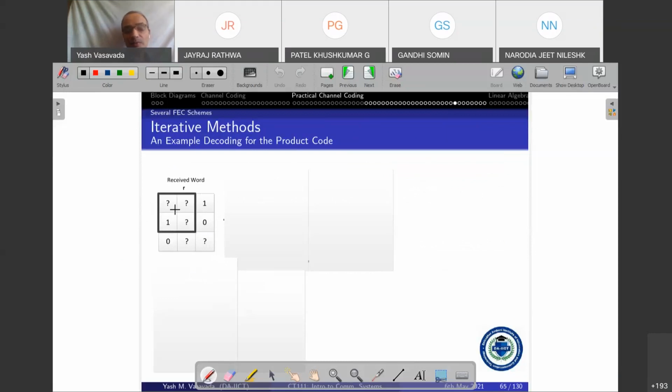And so in this case, it can't do SPC decoding. For the second row, you might have already seen the answer. It can do the SPC decoding. What should it put here for this erased bit? 1. It should put 1 because that is how the second SPC is satisfied. So that is what it will do. Can it do anything for the third row? No. Okay, so then row by row is done.